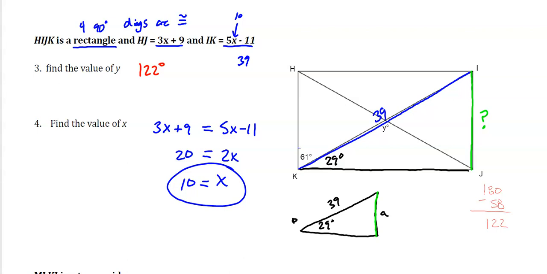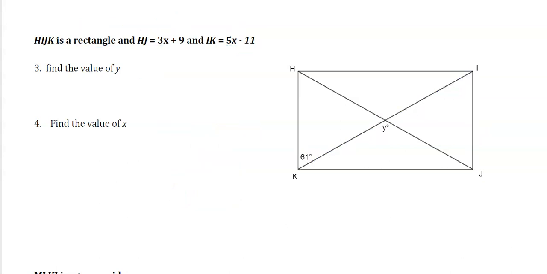I could put my guy over here, and that's opposite and hypotenuse. So I could use sine. I could say the sine of 29 degrees is A over 39. And then we could multiply those out. I just wanted to show you that you can use trig to find some missing pieces if needed.